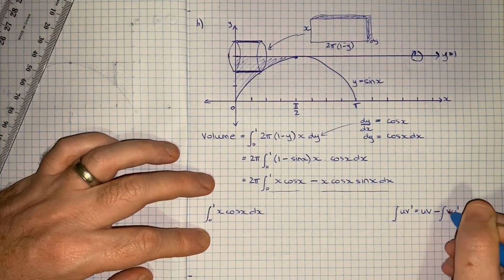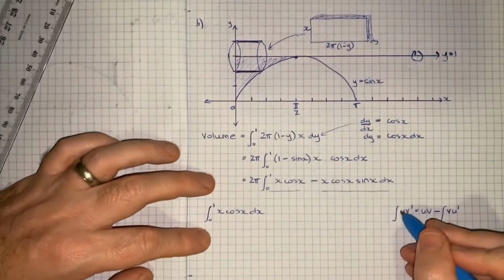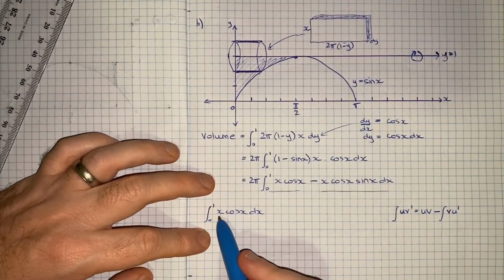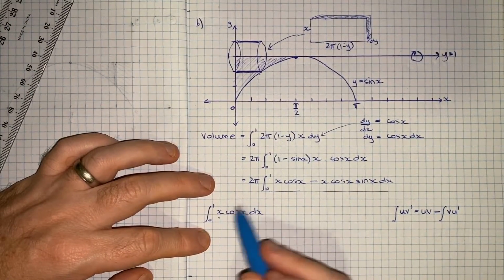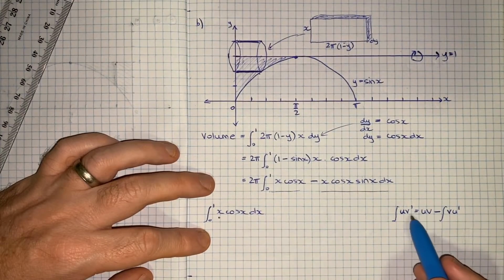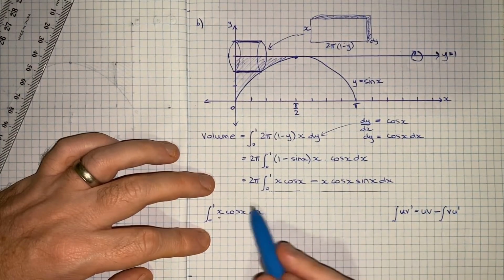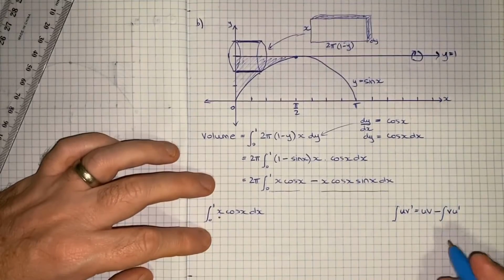That's the basic idea. So I want to pick which one should be u and which one should be v dash. The cos x, or if it was sin x, they're always the better candidate for the v dash because they flick back and forth as you continue to differentiate.